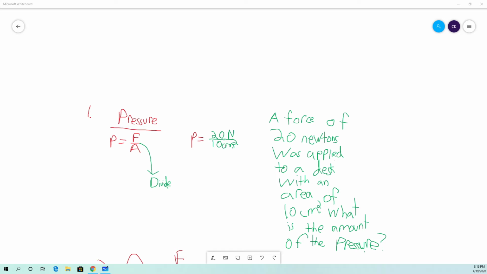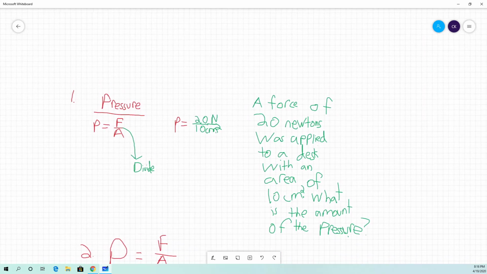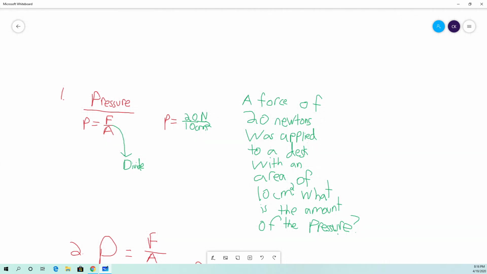So we're going to look at this first problem. The problem reads, a force of 20 newtons was applied to a desk with an area of 10 centimeters squared. What is the amount of the pressure?